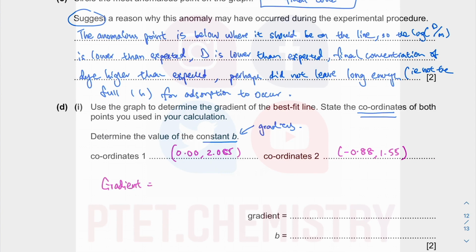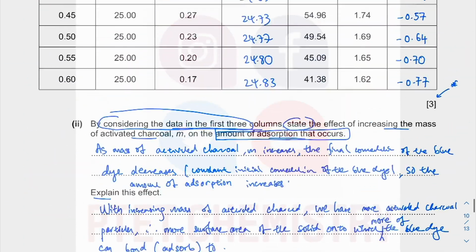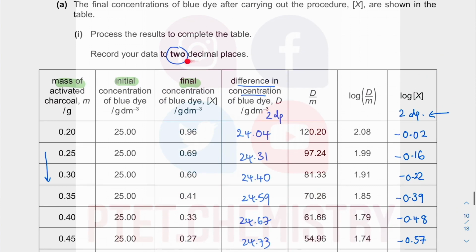So working out the gradient, make sure you use brackets, because here we have a negative value. They did ask us to put all our values to 2 decimal places here, right?